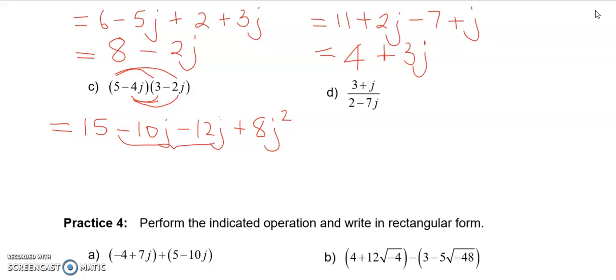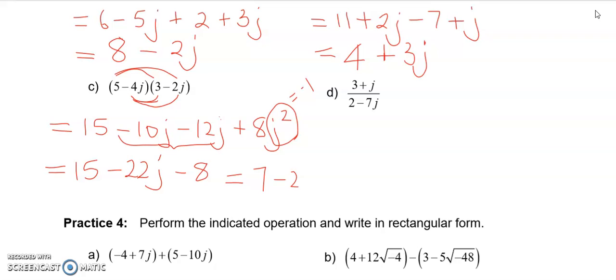These two, yes, you can combine, but the j squared, remember, you have to replace that with something that's equal to j squared, which we saw a few lessons back is actually -1. So this will become 15 minus 22j, and then plus 8 times negative 1 actually becomes minus 8. Your final result is going to be 15 subtract 8, which is 7 minus 22j. And there is your result for C.